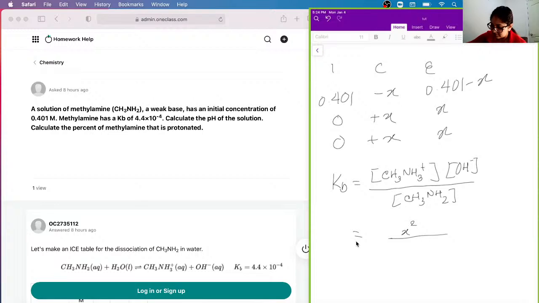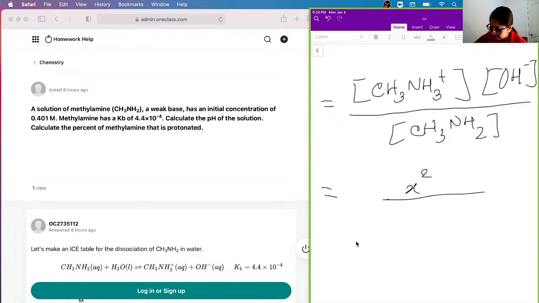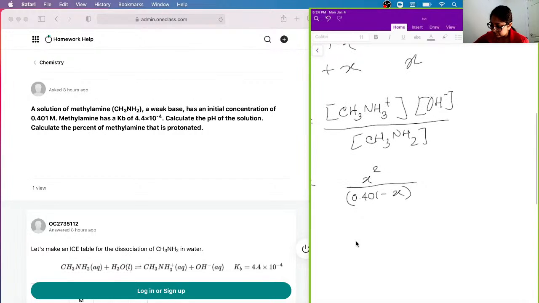And we know that this is equal to our KB constant, which is 4.4 times 10 to the power negative 4, right?